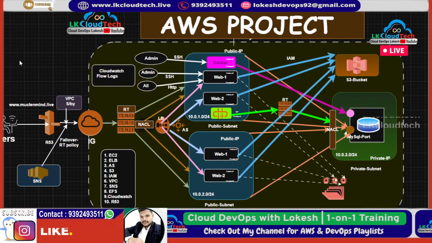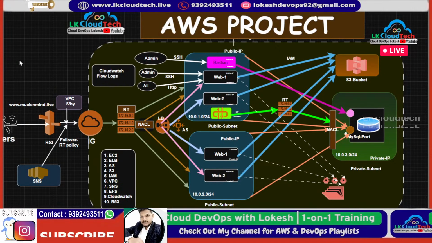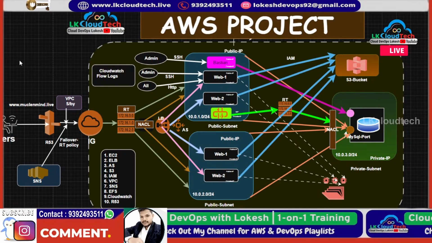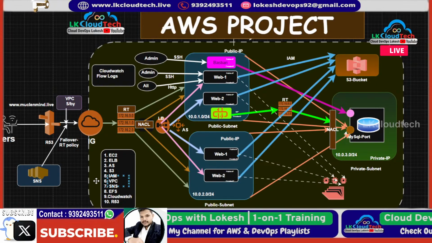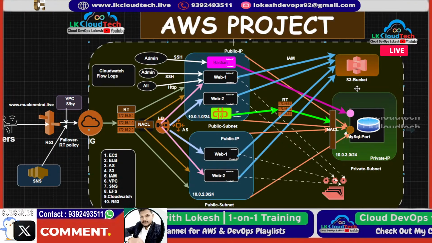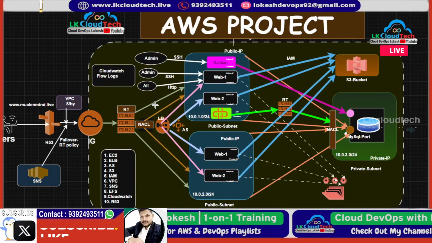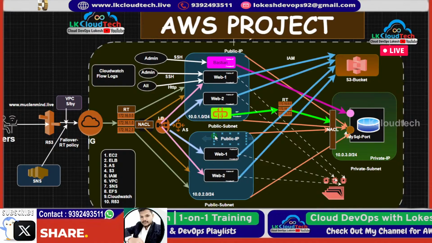Because you already learned everything, if you forgot it, that doesn't make any sense. Every day you must work on it. At least you must work on VPC, subnets, IG, Route 53, S3 bucket, CloudFront, databases, SNS, and CloudWatch.